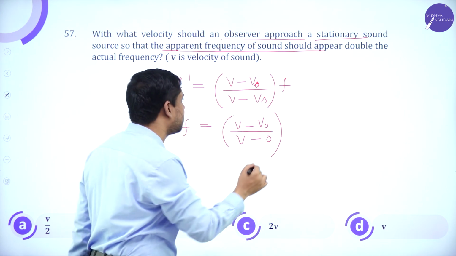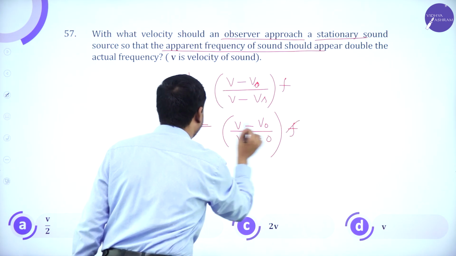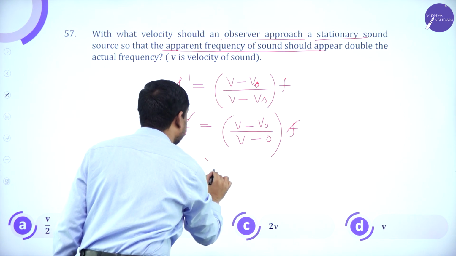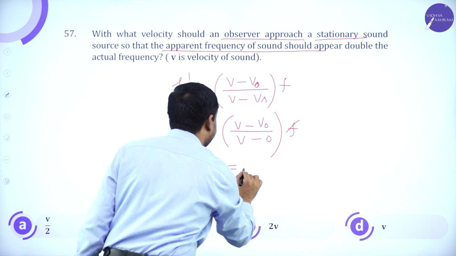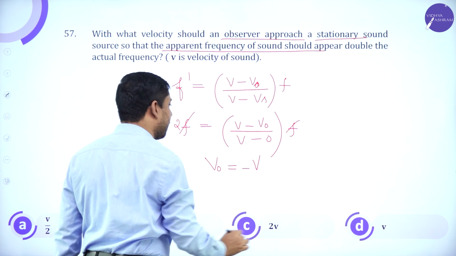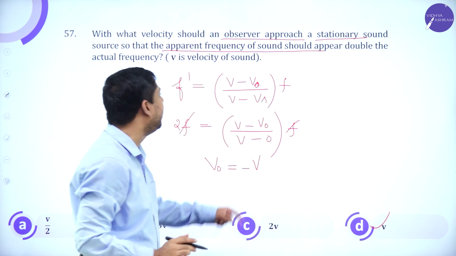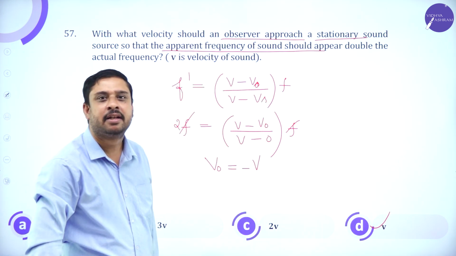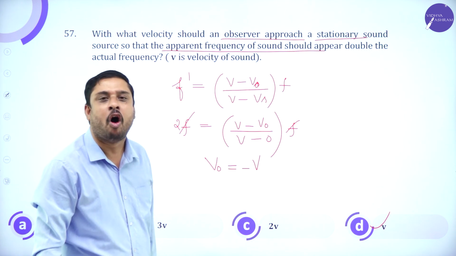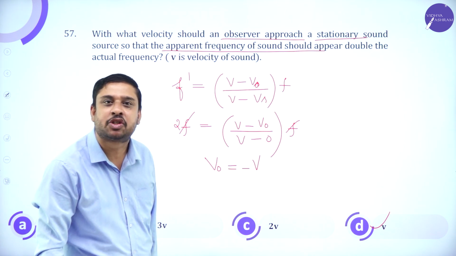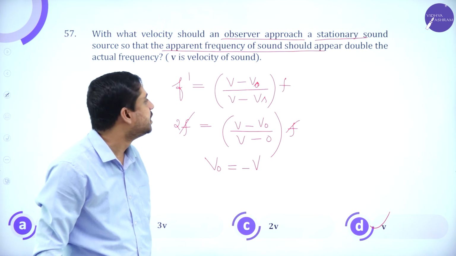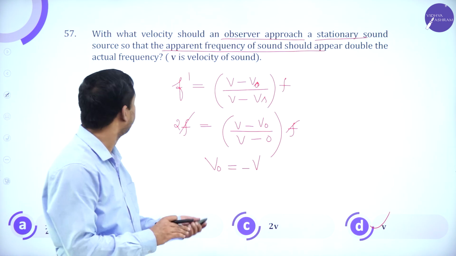Source is at rest. So this is f. Which means v naught is minus v. The negative sign indicates that it is moving opposite to the direction of the velocity of sound.